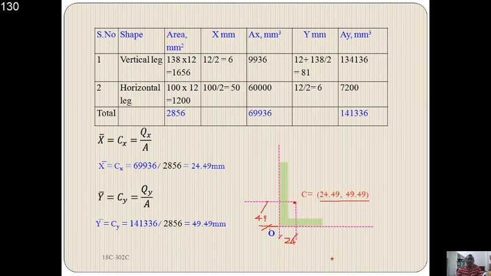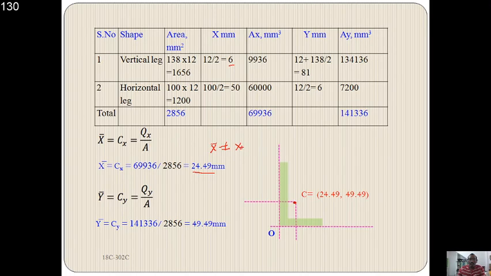So after understanding these centroidal dimensions, let's use them for the calculation of Ixx and Iyy with the help of the parallel axis theorem. Is it required to find d1, d2 like that? Yes. Here you can see that x bar is 24.49, but x1 is 6, so x bar is not equal to x1.